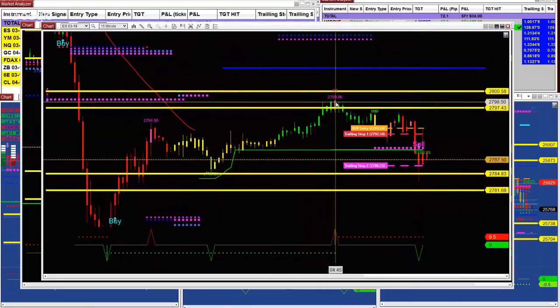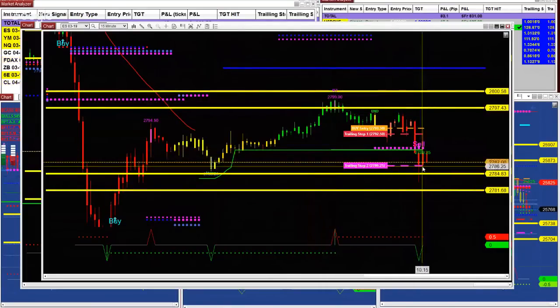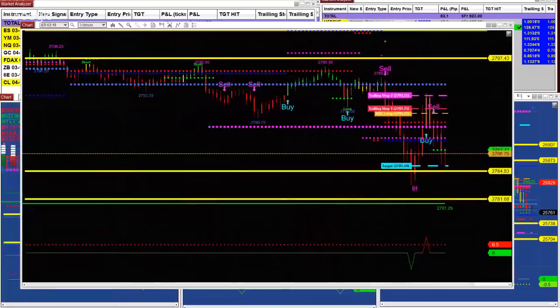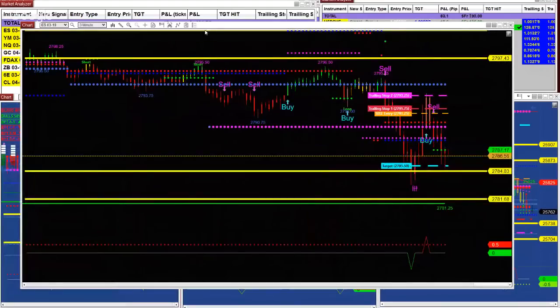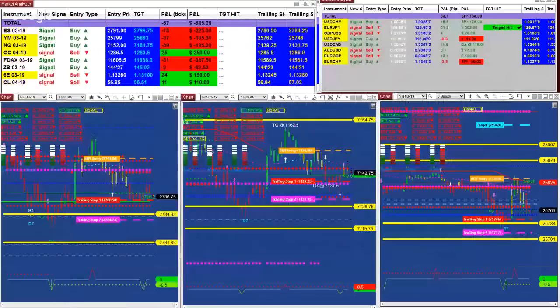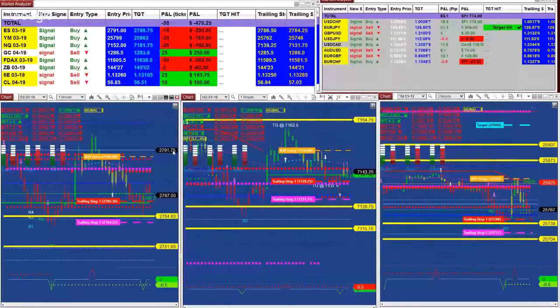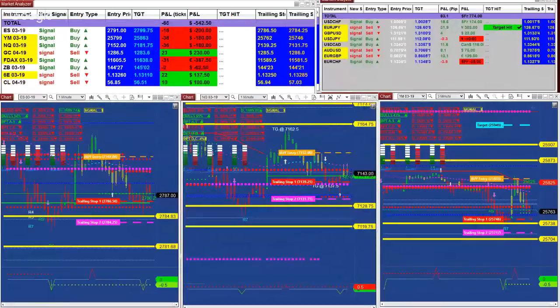This is really huge. So let's see what will happen here. I'm not going to miss the new signal. It looked like we're about to have a new signal. I'll keep my eye on it and see if we are able to have a new signal.